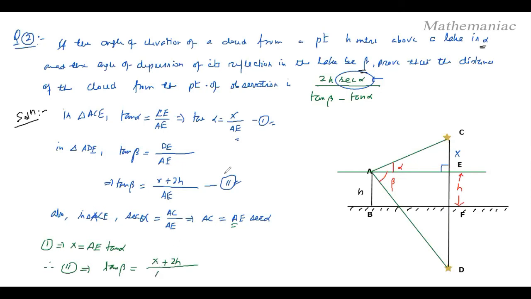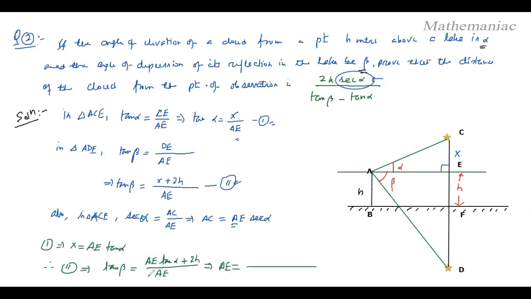Sorry, the value of X I have to replace, that is AE tan alpha plus twice H divided by AE. So from here you have to find what is AE, then you are done. Can you find it directly? If you do a little work, you can do it easily.